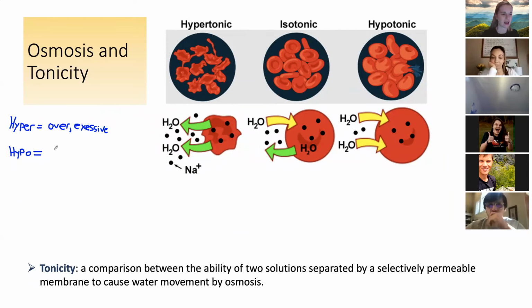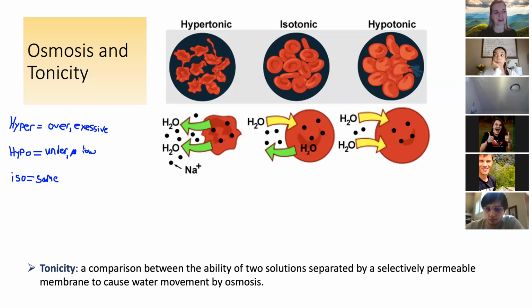It's under, yeah, low. Okay, and then, forgot the L. All right. And then what about iso? The same. Okay, so these three prefixes are super important to remember, especially when we're talking about osmosis.